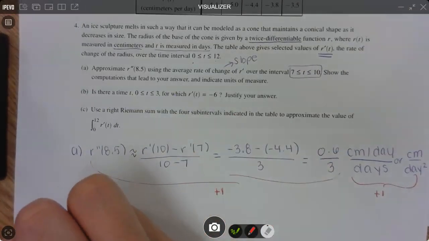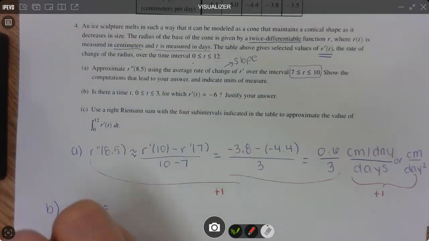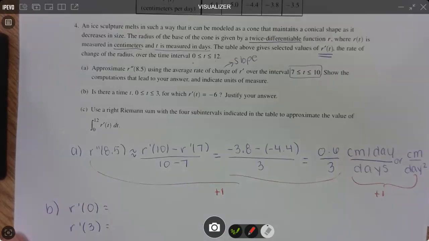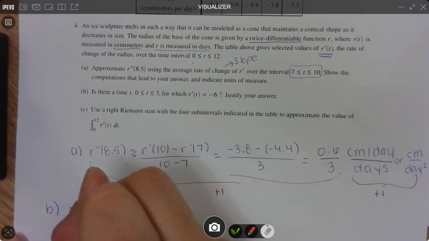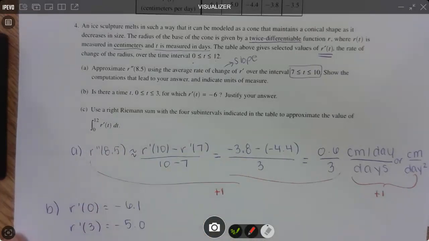So what we need to do is talk about r prime of 0 and r prime of 3. So at 0, you're at negative 6.1. At 3, you're at negative 5.